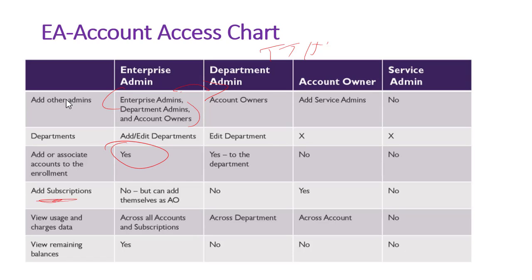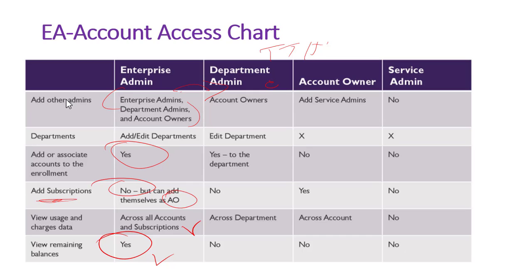Can he add a subscription? No, he cannot add a subscription to any account directly. But he can make himself an account owner and get the privileges to assign a subscription to the account. He can view all the data charges across all the subscriptions and he can view the remaining credits. If it is a monthly flex kind of subscription, he can view the remaining balance for each subscription.